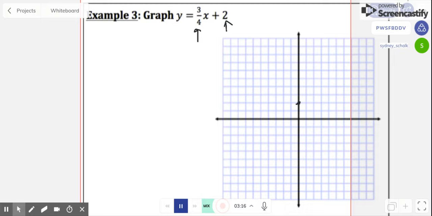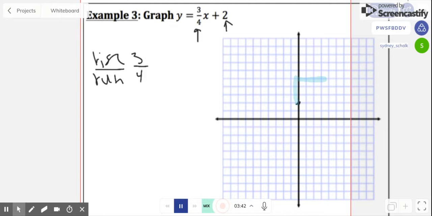Now I'm going to move according to my slope. Well, we know my slope is 3/4, so that means I'm going to rise 3 and run 4. So from my y-intercept, I'm going to rise 3, 1, 2, 3, and run 4, 1, 2, 3, 4.